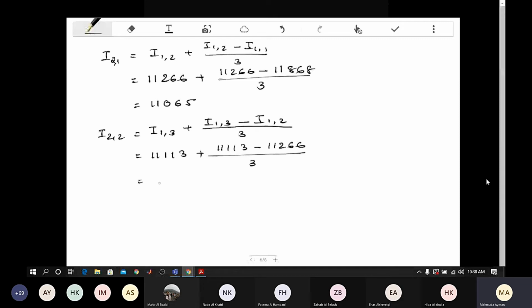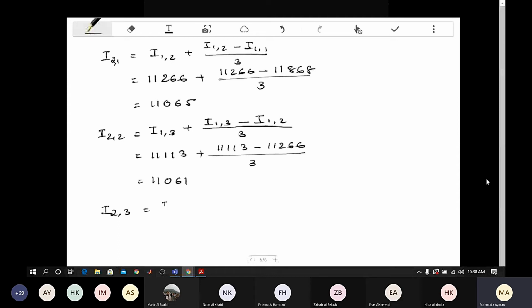So this is equal to 11061. Now we'll find out the third approximate value for the first order approximation, which is I2,3.